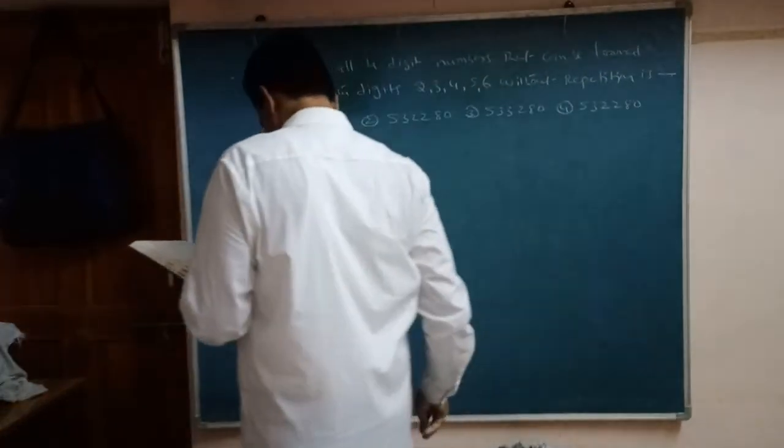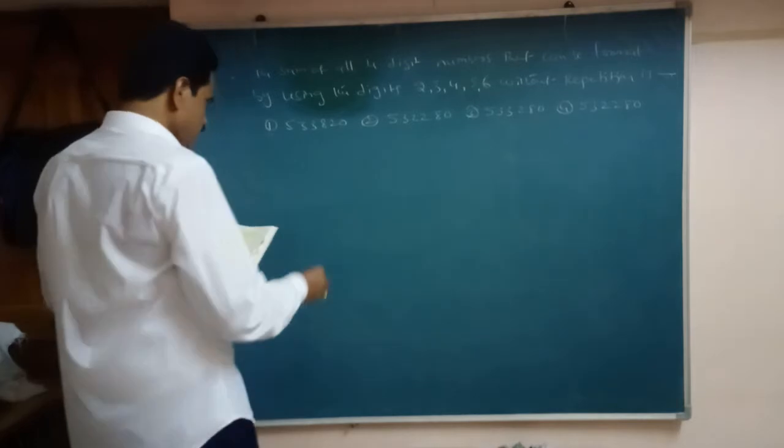Now we discuss one formula, that is the sum of odd digit numbers.